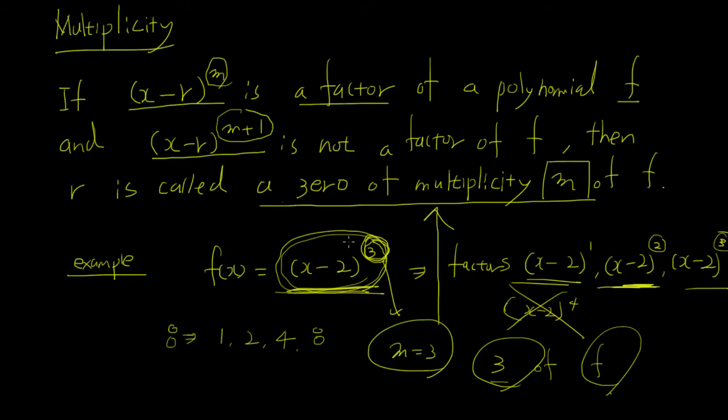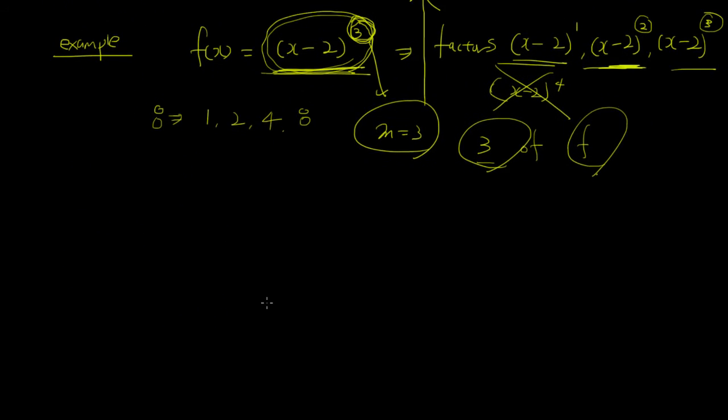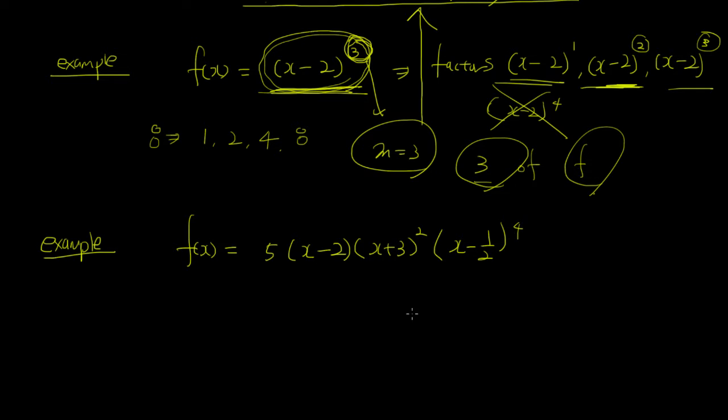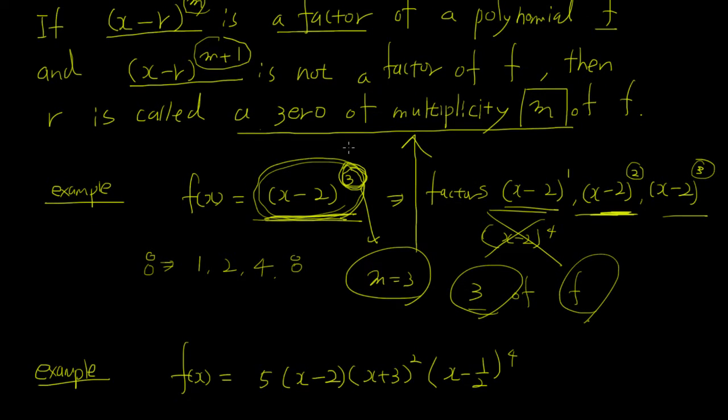Let me give you another example. Let's say we have f of x equals 5 times x minus 2, times x plus 3 squared, times x minus 1/2 to the fourth. I forgot to explain this r thing.